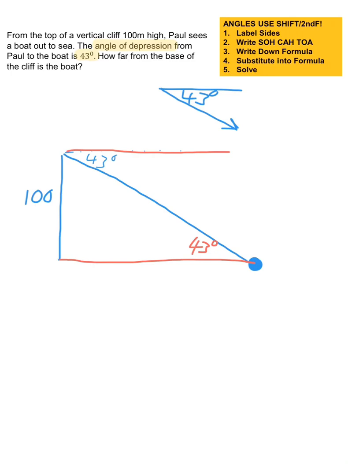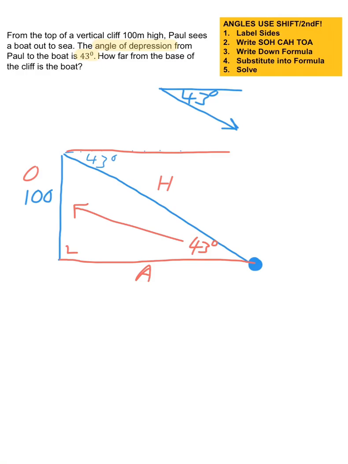Now, let's label our sides. Our right angle is here, which means this is our hypotenuse. The angle is 43, which means this is the opposite, and then we're left with the adjacent.